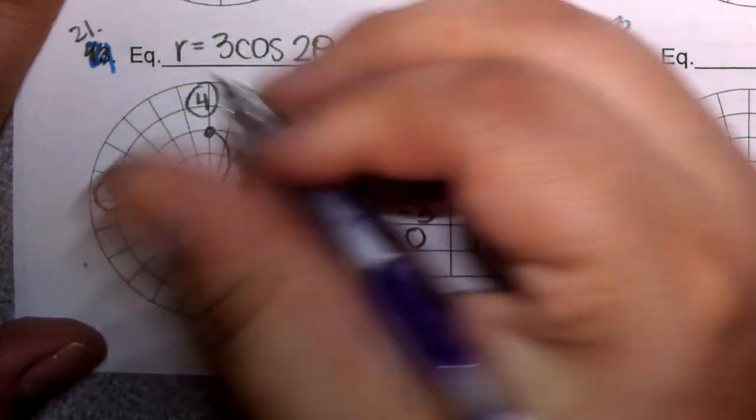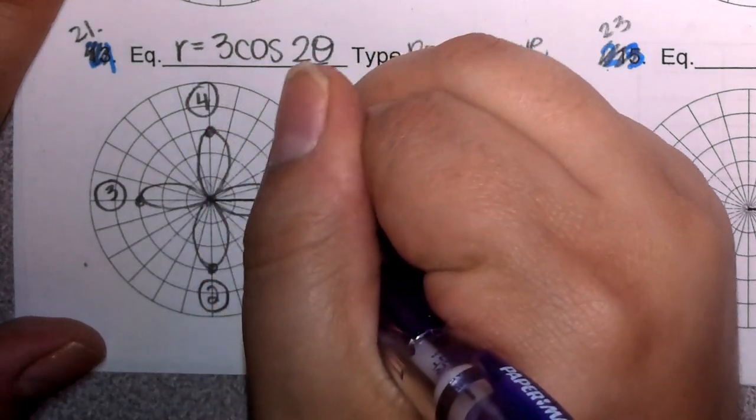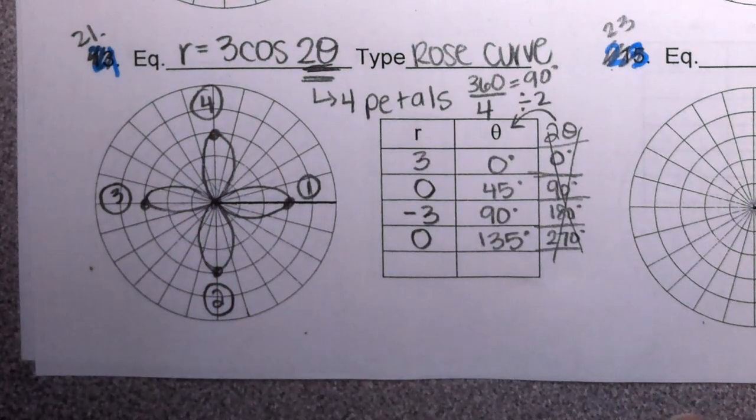And this is my fourth curve. And there we have our rose curve. Does that make sense? Is it weird? Weirder than the other ones for sure.